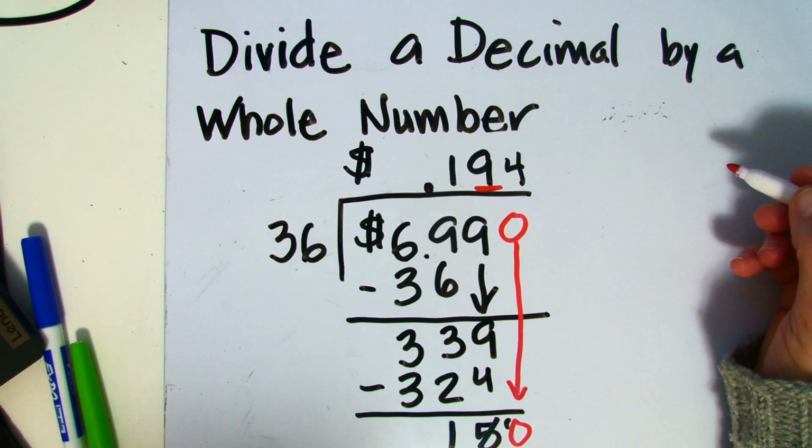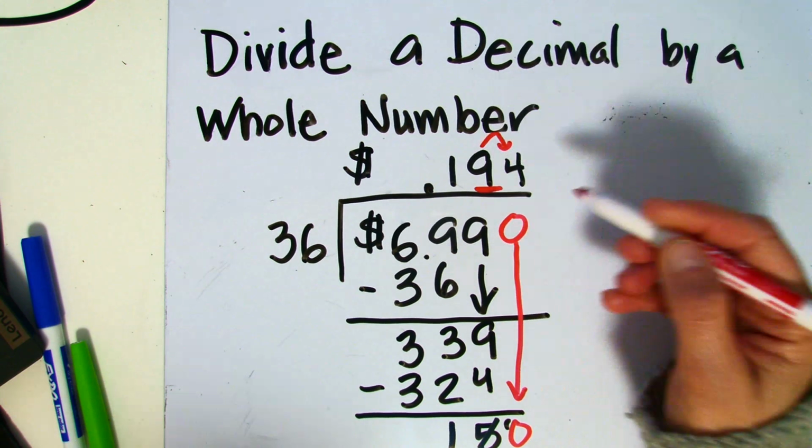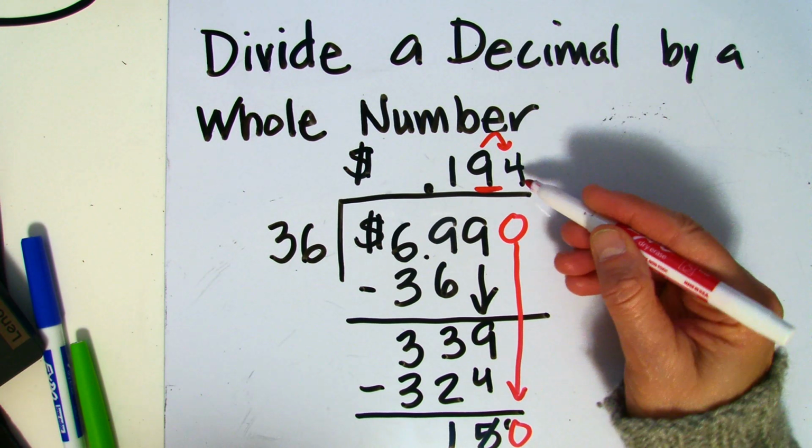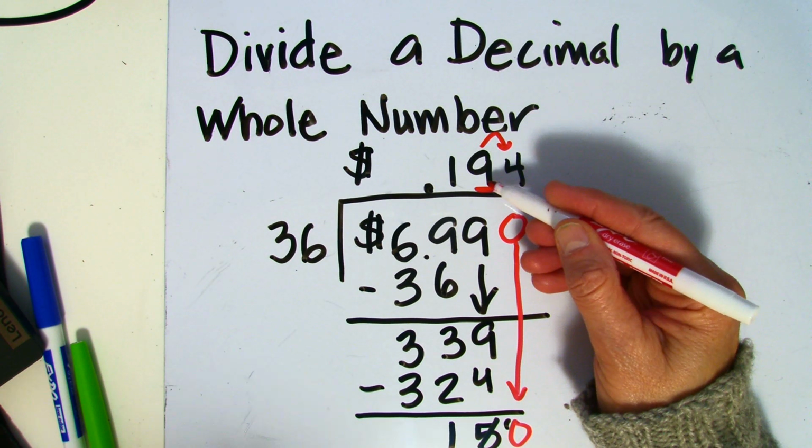And remember that when we're rounding decimal numbers, we need to identify the digit we want to round to, and then look to the digit to the right of that number. So this 4 tells me that I'm not going to change this 9 to a 10.